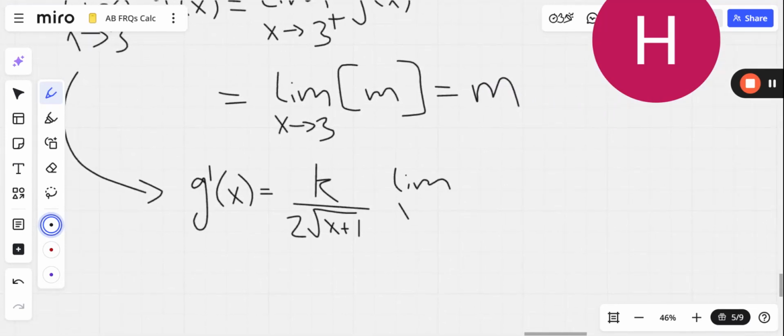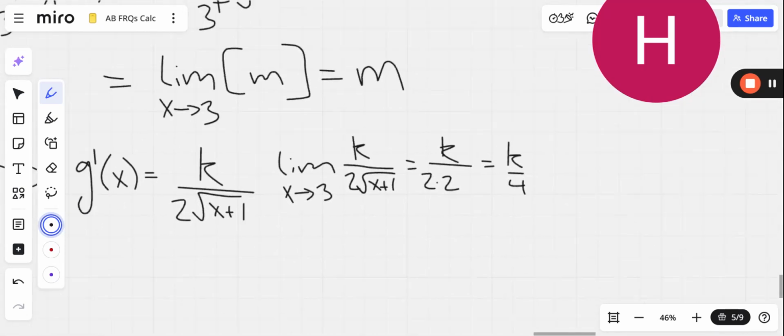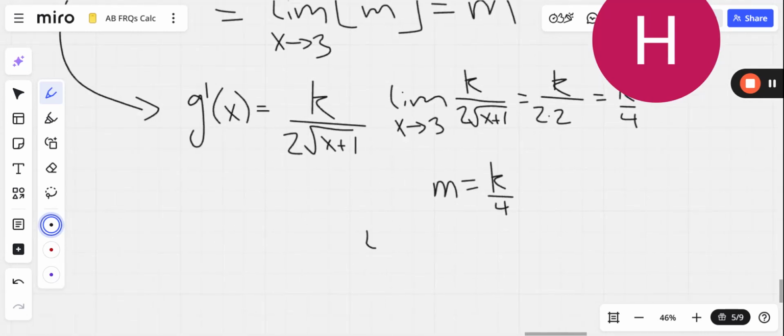So then the limit as x goes to 3 of that is just going to be k over 2 times 2, which is k over 4. And these are equal. So if m equals k over 4, we can say 4m equals k.